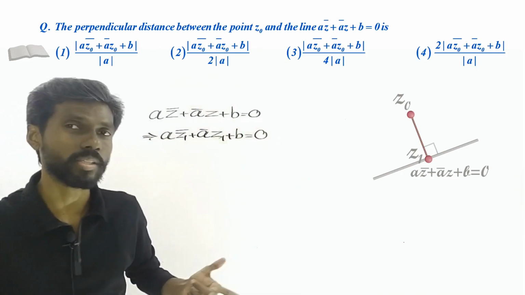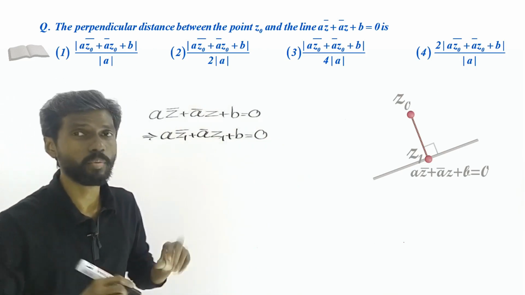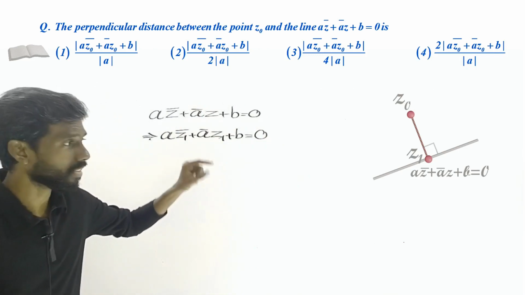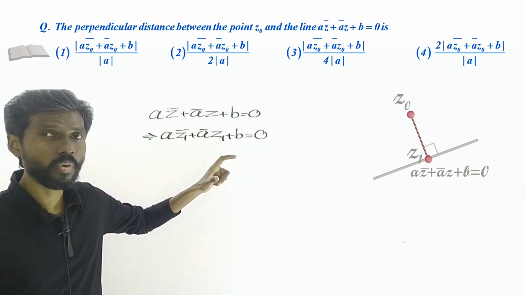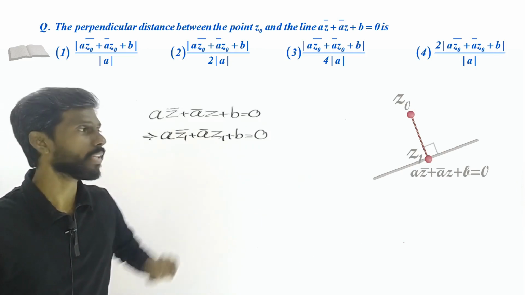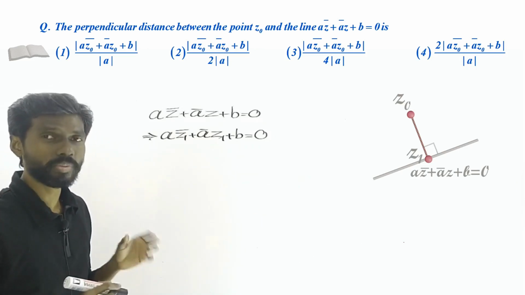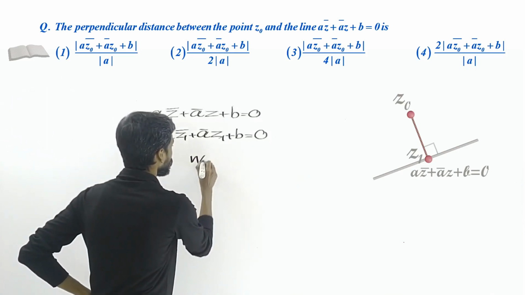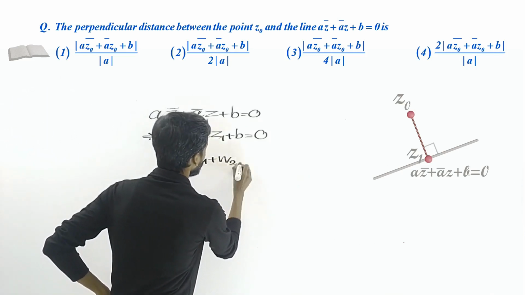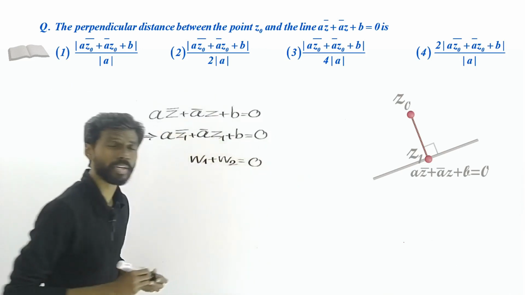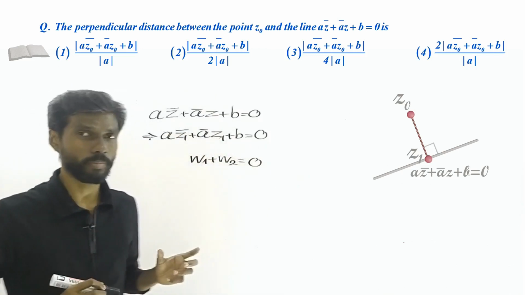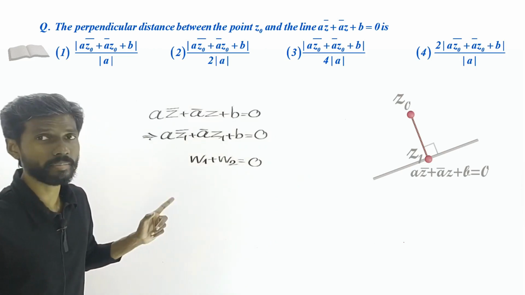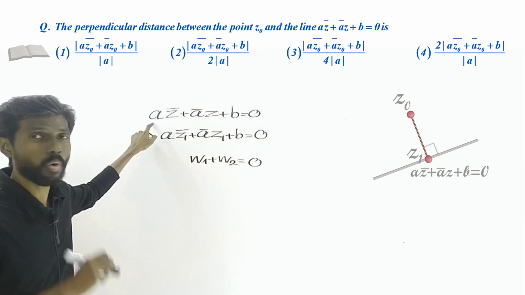There is another condition satisfied by the point z1, that is the line joining z1 and z0 is perpendicular to the given line. Okay, that means the sum of the slopes is 0, right? That's what we derived previously. So the sum of the slopes is 0. w1 plus w2 equals 0 because the lines are perpendicular. Yes, what is the slope of the given line? That is also derived, right?